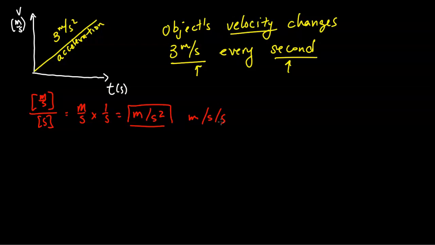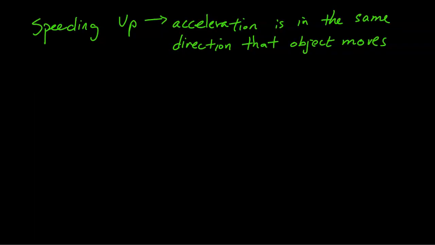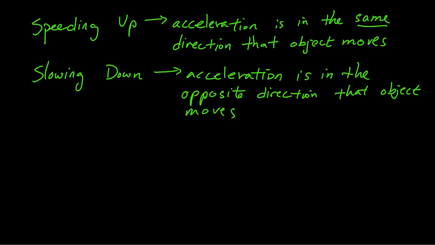So the acceleration could be positive or negative, depending on the direction of the acceleration, which we'll look at next. When an object is speeding up, the acceleration is in the same direction that the object moves. When an object is slowing down, the acceleration is in the opposite direction that the object moves.